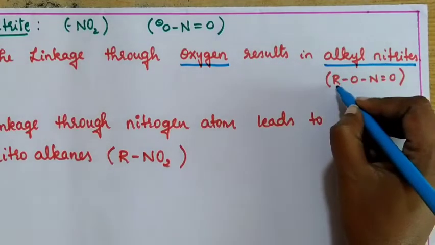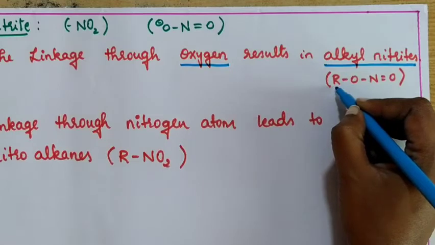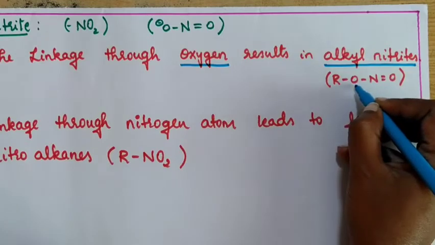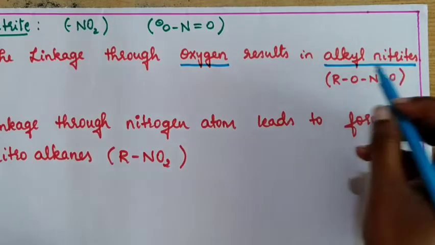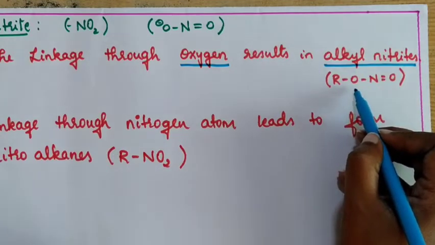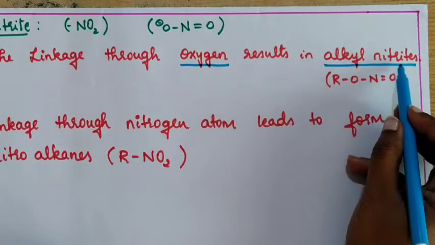That means this R is nothing but an alkyl group. That means the partially positive carbon atom in the haloalkane has been bonded with oxygen, and the remaining is the same NO2. Correct? So this kind of product is known as alkyl nitrites.